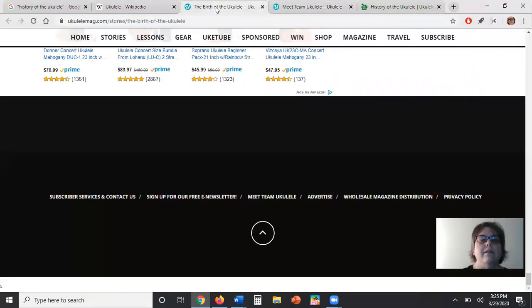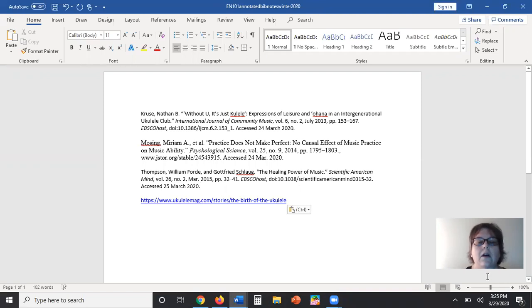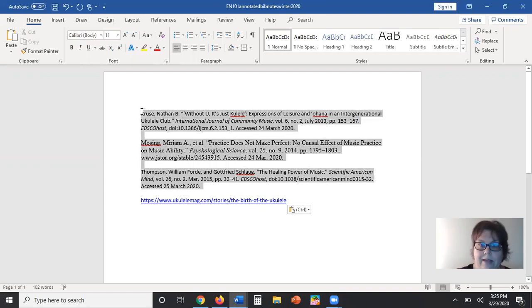So I'm going to take the URL here, the birth of the ukulele article, and I'm going to go to the notes page that I've already started, right? This is where we've got an article from a peer-reviewed scholarly journal. Here's another one. This one's from another magazine. These three were found through the Mott Library databases.